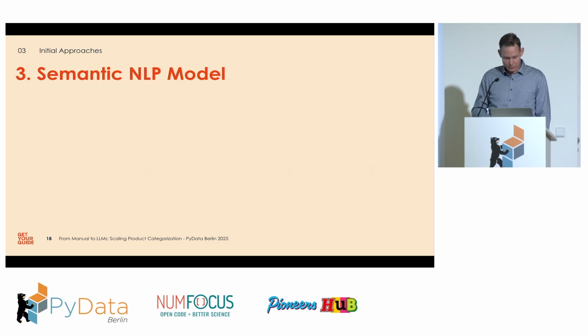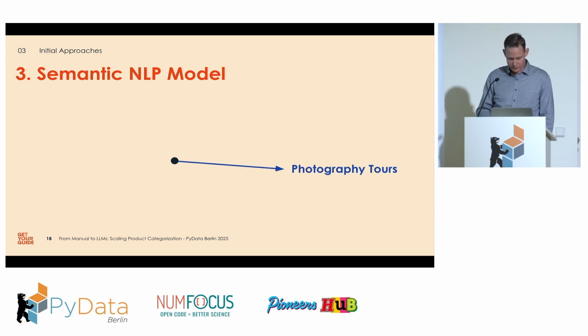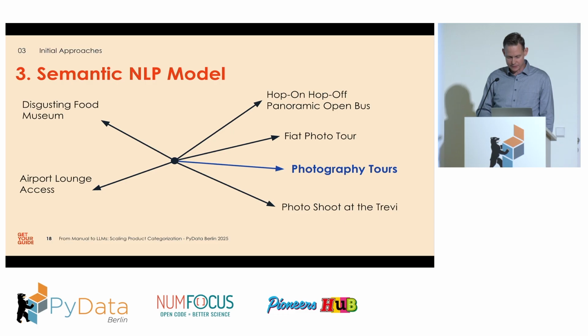That's why then we introduced the semantic natural language processing model. And that one translates this English category name, like photo tours, into a vector. Also, all the product texts are translated into a vector. And based on that, it's decided which product belongs to the photo tours, just by taking a look at the angle between the vectors.